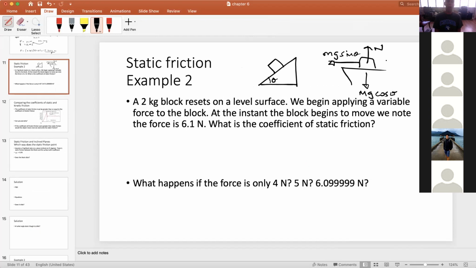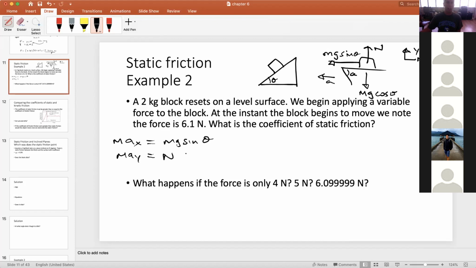Which way do we put the static friction? Well, if I write the forces max and may, where these are my x and these are my y, and I'm going to assume that a is actually down the incline on this one, max would be mg sine theta.